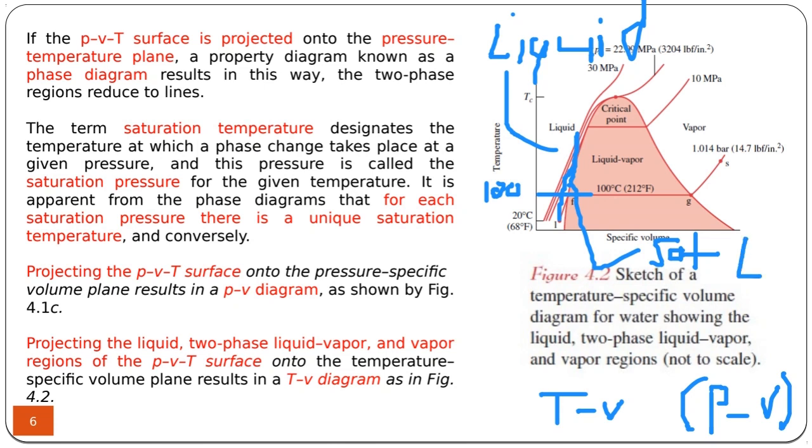Inside the curve we have a mixture. On the right-hand side we have saturated vapor, and outside the curve we have superheated vapor.